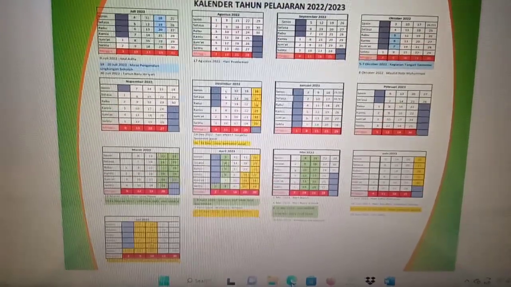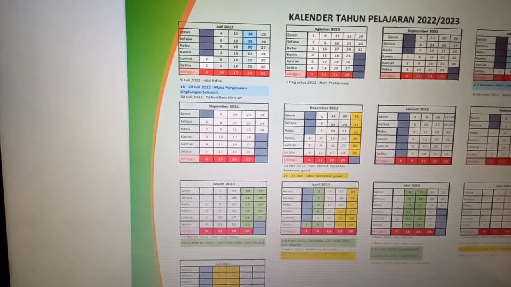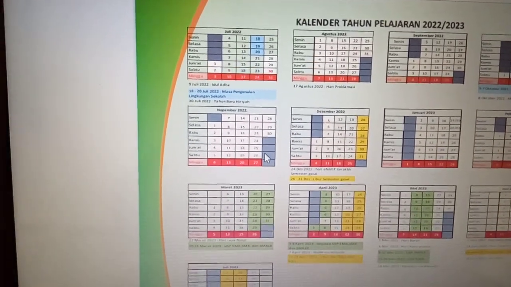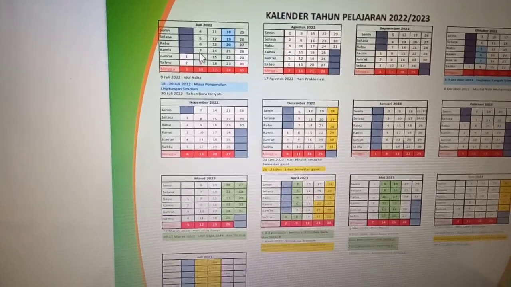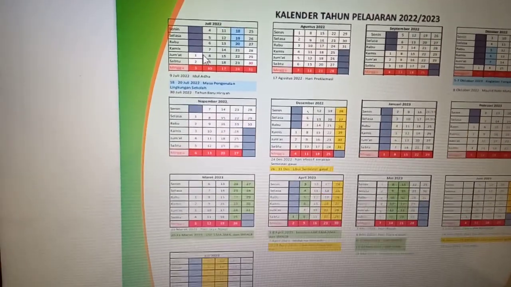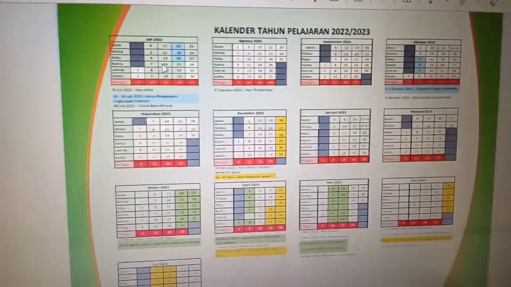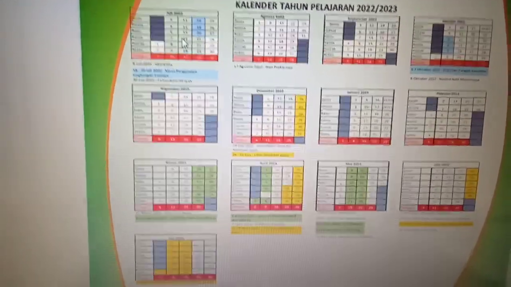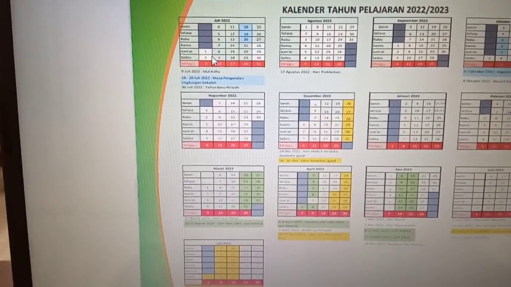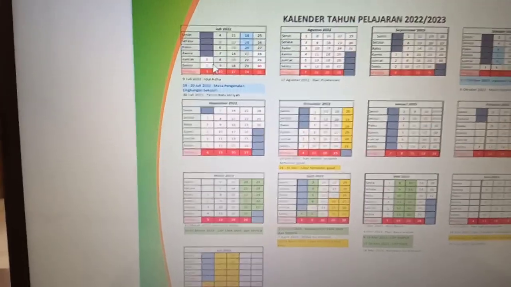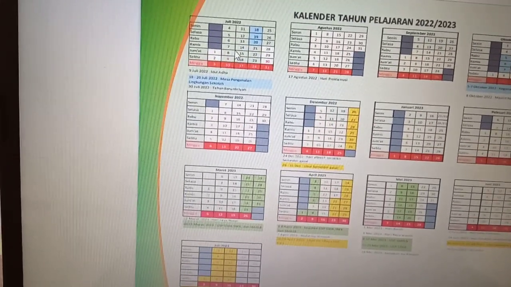effective and ineffective weeks. As we can see here in the month of July, a week can be counted as a week if it contains a minimum of 4 days, and it will be an effective week if there are at least 3 working days.